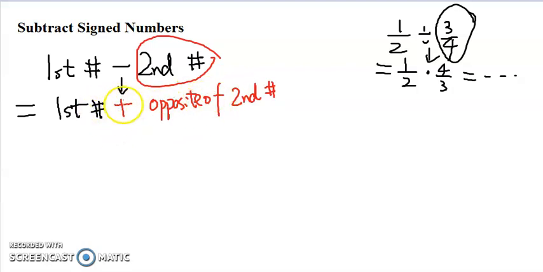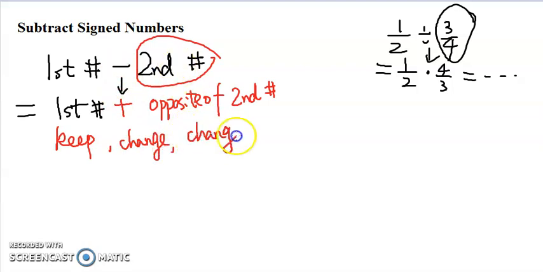So the rule can be memorized this way: keep the first number, change the minus sign, and then do another change sign. Opposite means if your original number is positive, you change it to negative. If its original number is negative, you change it to positive.